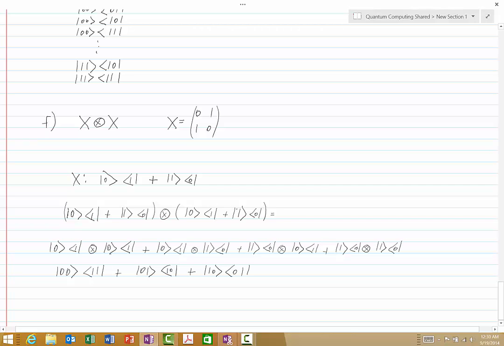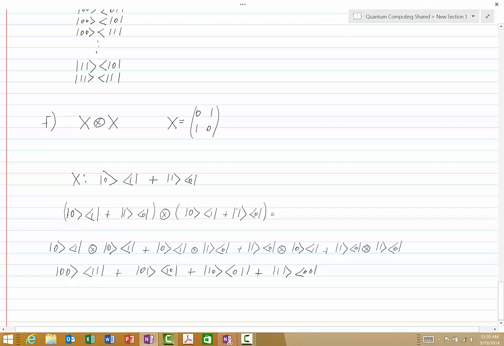And then finally ket 11 bra 00. Each one of these operators consists of a ket and then a bra.